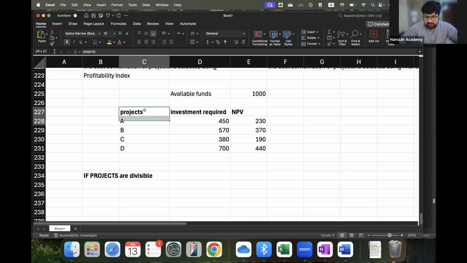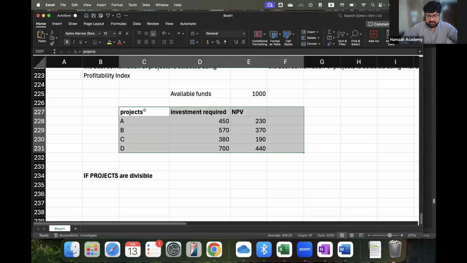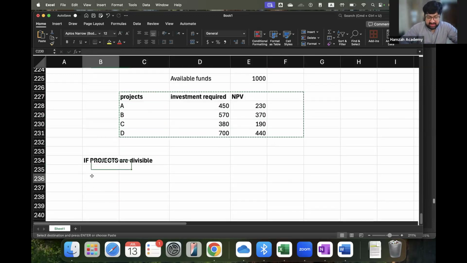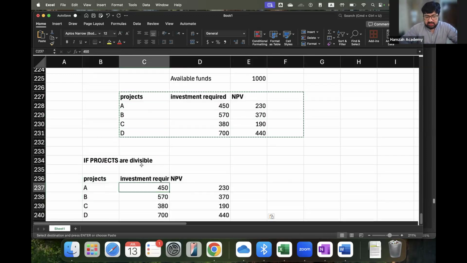So I will solve using that. Okay. So we have to choose the best investment plan if projects are divisible.